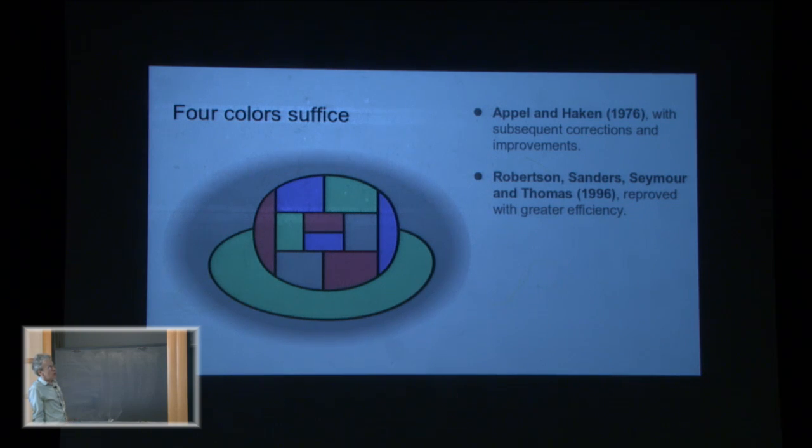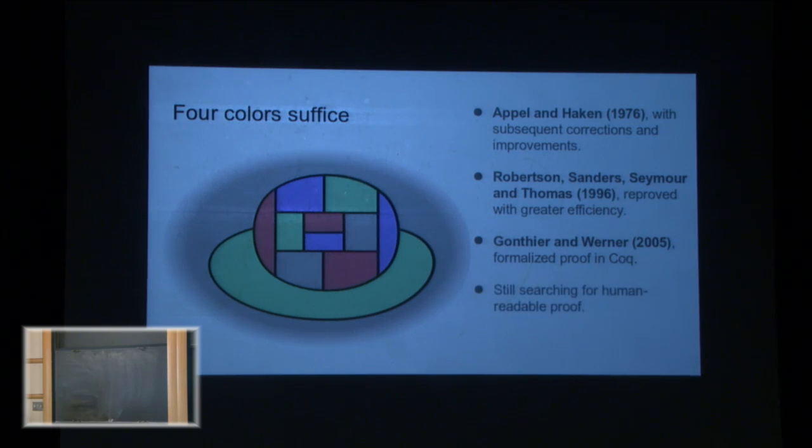Robertson, Sanders, Seymour, and Thomas reworked the proof, started again from scratch, and produced a more efficient version of a proof, also with similar computer assistance, a proof that was eventually sufficiently organized that it could be worked into the formal language Coq for a computer-verified proof of the computer-dependent parts of the argument. But we're still looking for a human-readable proof of the four-color theorem.